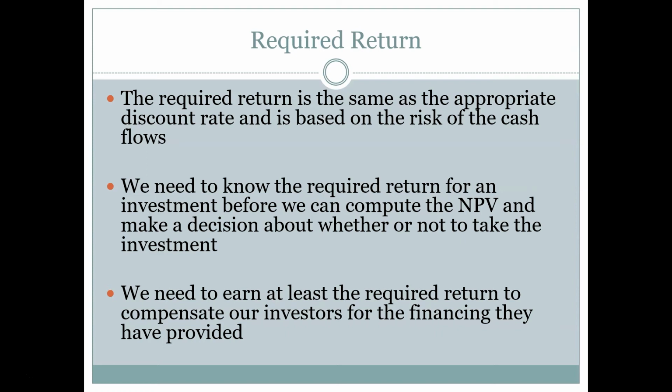Okay, so the required return is our discount rate. Remember, go back to chapter 9 and chapter 10. We take the present value of the discounted cash flows. Well, we discount the cash flows at the required return, the required rate of return. And this is the return that the firm must earn in order to justify all of the cost of capital.